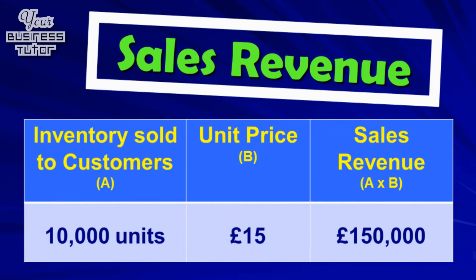This therefore leads us on to the next part in the process, which is the selling of the 10,000 items of inventory at a price of £15 in order to generate £150,000 of what is called sales revenue, the money a business earns when it sells its inventory to customers.